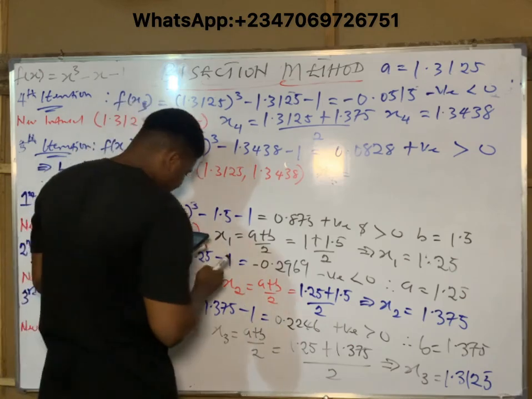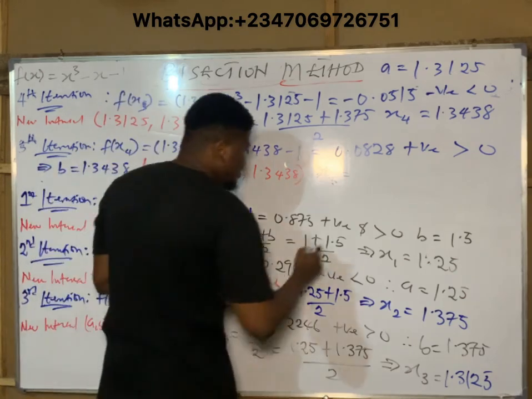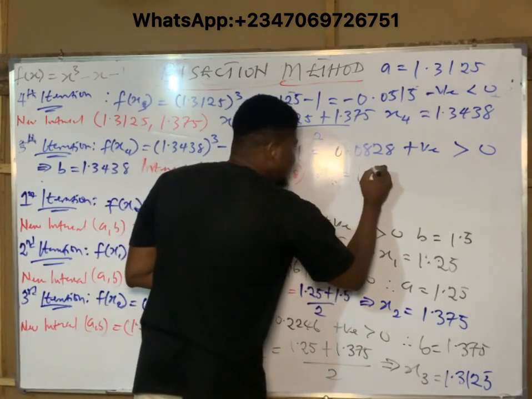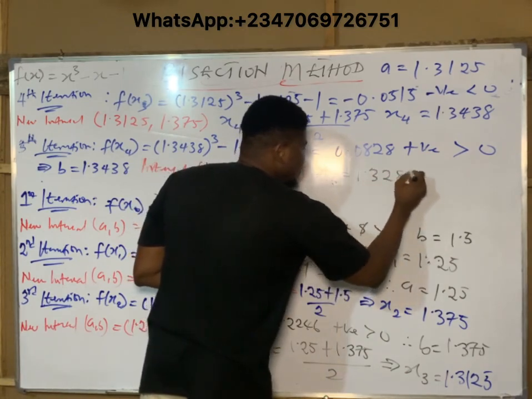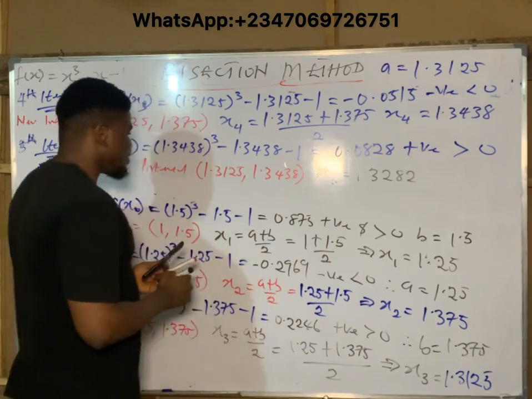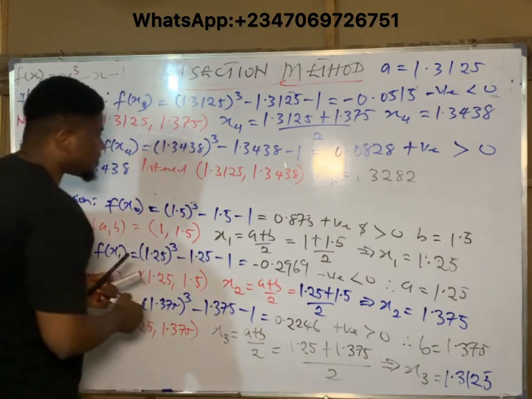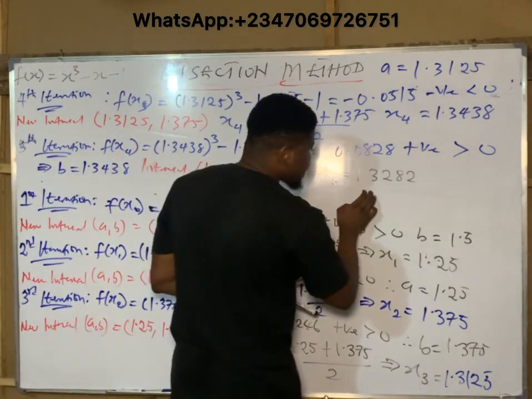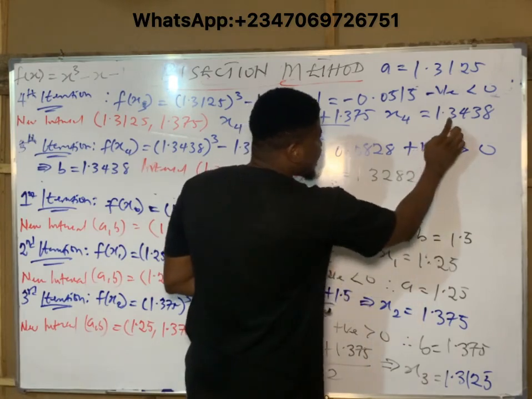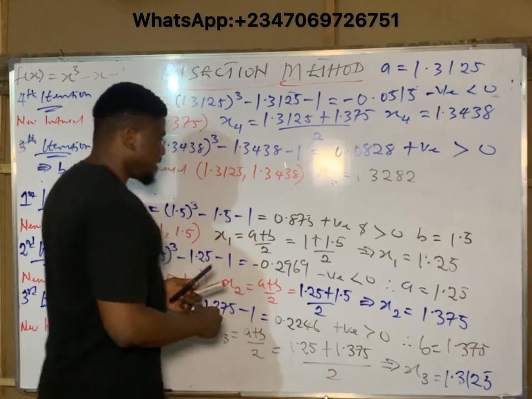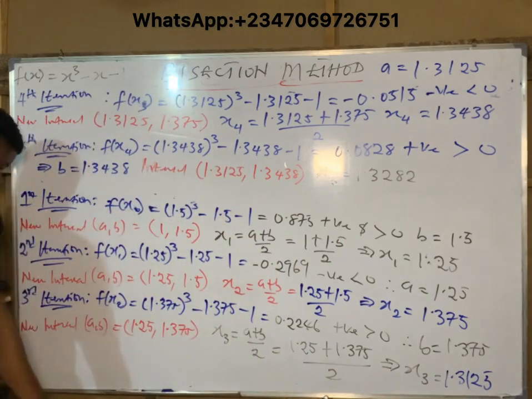So that gives us 1.3282 approximately. So x5 is 1.3282 approximately. So if we've gotten x5, we compare. So this is 1.32. Meanwhile, previously we had 1.34. So it means it has not converged yet, correct to 2 decimal places.